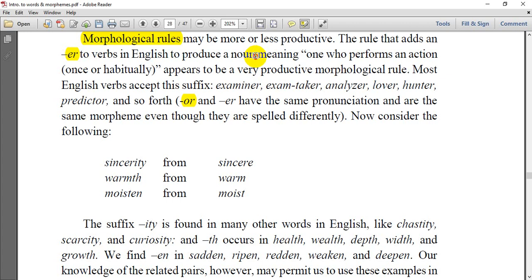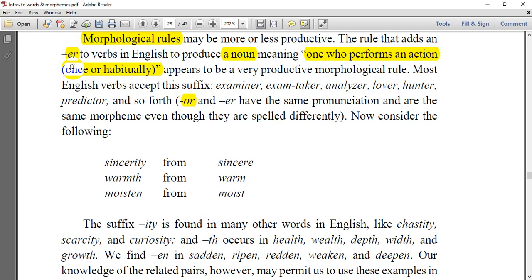This noun means one who performs an action once or habitually. For example, teach, teacher, exam, examiner, play, player, to derive from the verbs a noun by adding -er or -or.